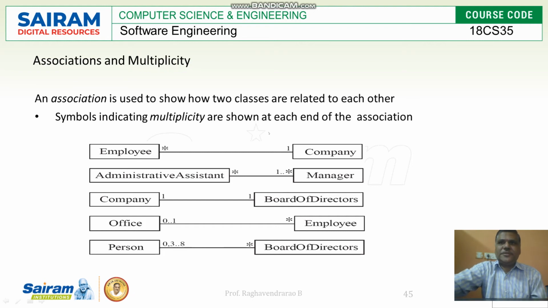Another example for the multiplicity. Symbols identifying the multiplicity are shown over here. The employee is going to work for one company. One is there. A company is going to have 0 or more employees. Why 0 or more has been said: the company owner himself will be the employee for that.